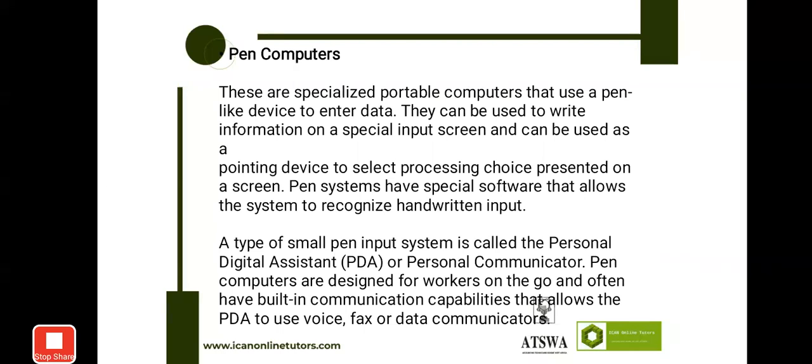The first generation computers, the distinct feature was that they made use of vacuum tubes. Second generation was transistors. Third generation was integrated circuits. Fourth generation was microprocessors. Fifth generation is nanotechnology.